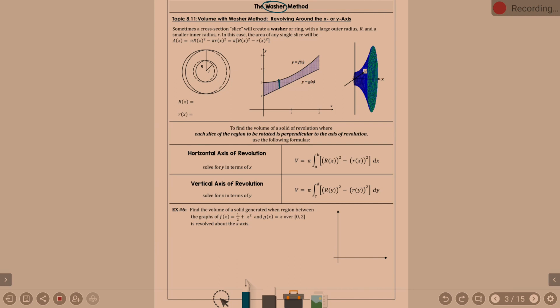That's why you'll see pi times big R squared minus pi times little r squared. This is your outside radius minus your inside radius. Most often, you will see it as pi times big R squared minus little r squared.